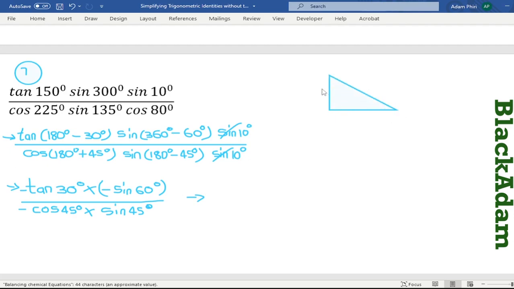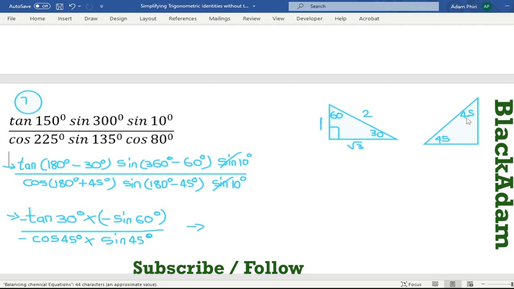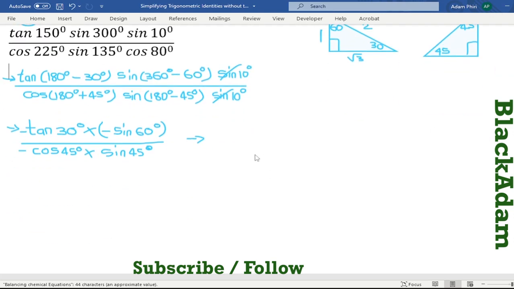Those are special angles that I'm using for 30, so that 30 degrees has y and x. We also have 45 degrees, so I need to sketch a special angle for 45 degrees, 45 on that angle and 45 on there, making 90, and then we have a right angle there.